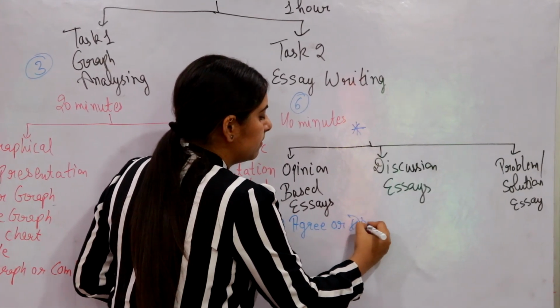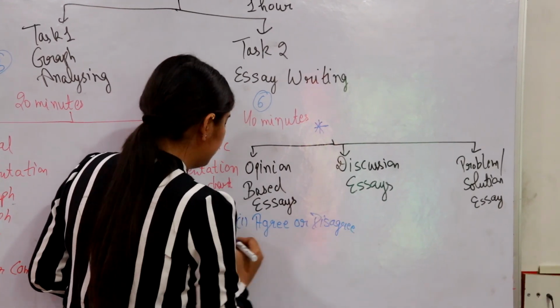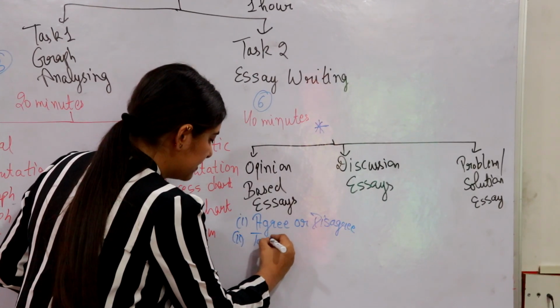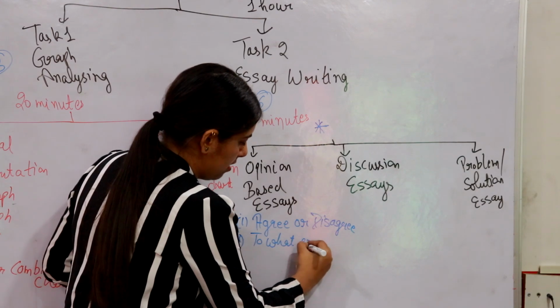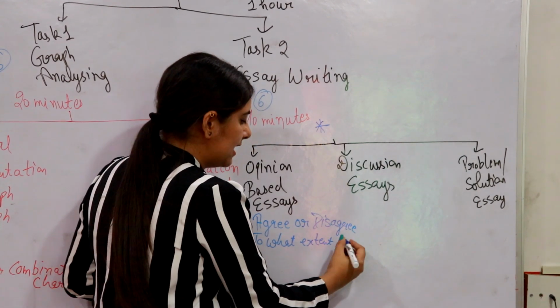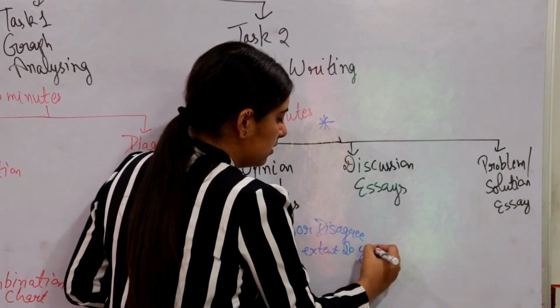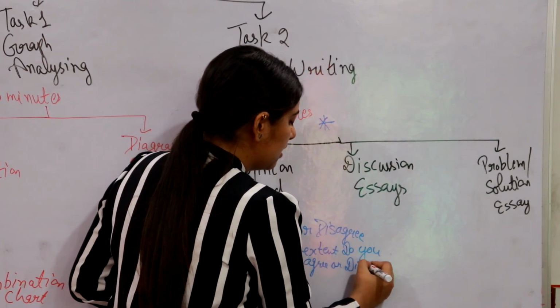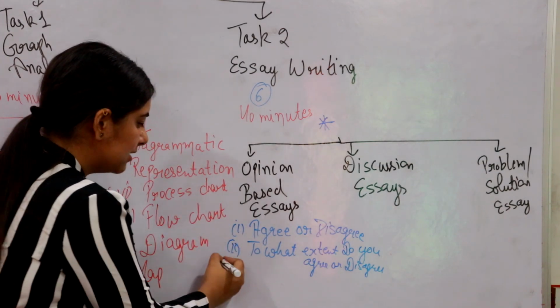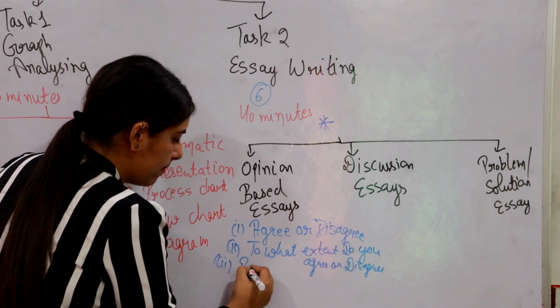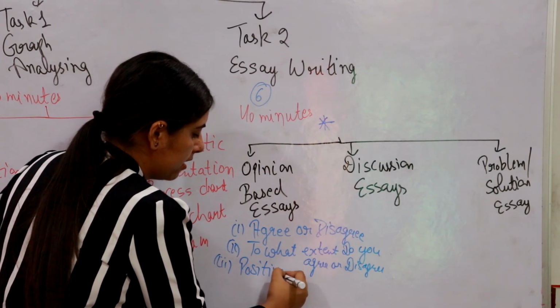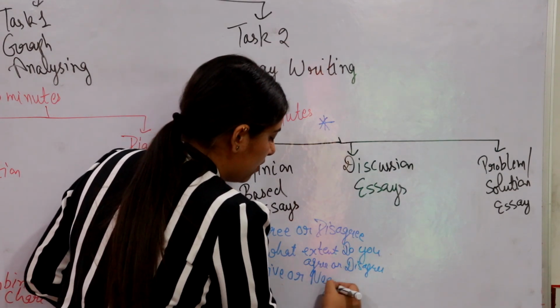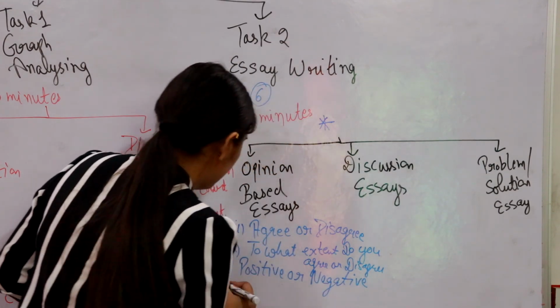So under opinion based essays, the first type of essay is agree or disagree. Second type of essay is to what extent do you agree or disagree. Third type of essay is is it a positive or negative development?